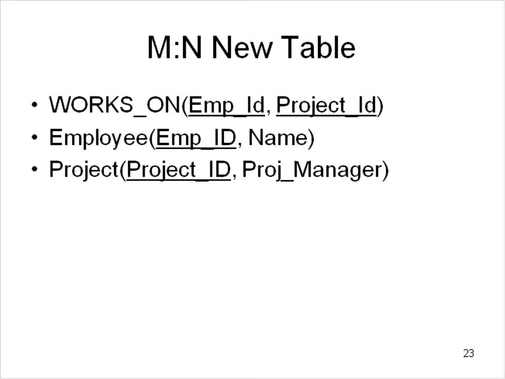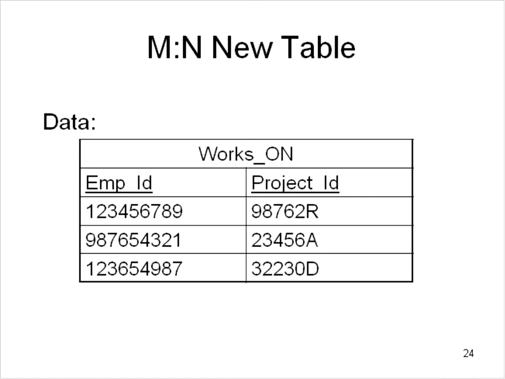So that's how you would map an M-to-N relationship. And that's why it is so important to name the relationship, because we have to directly map from these relationships to a relational database. Now, showing some sample data, we've shown some sample data with employee ID and project ID.